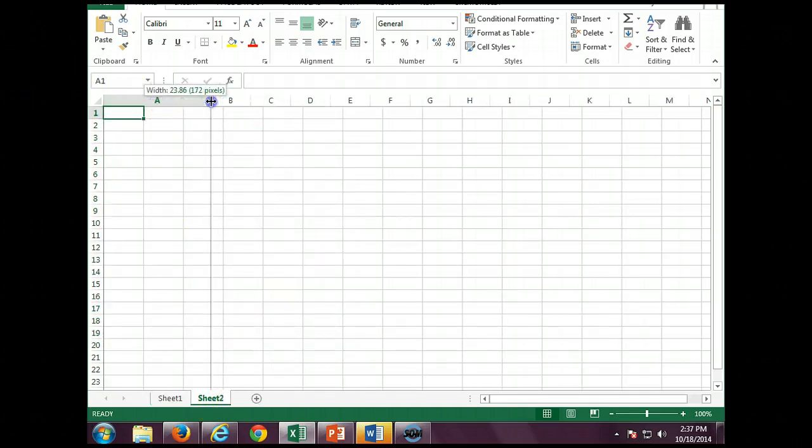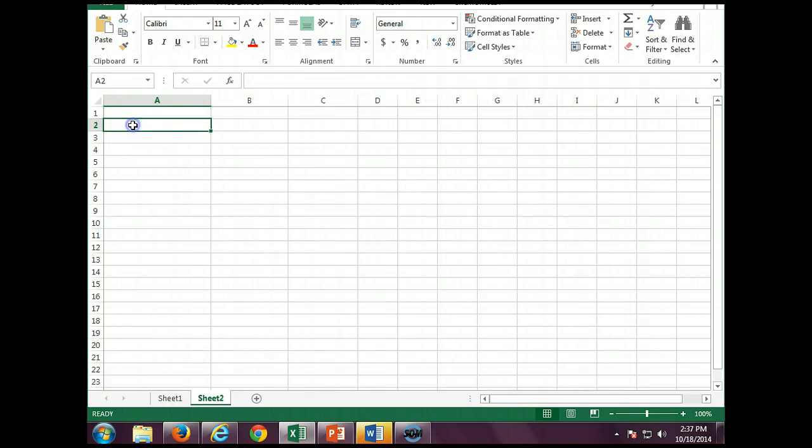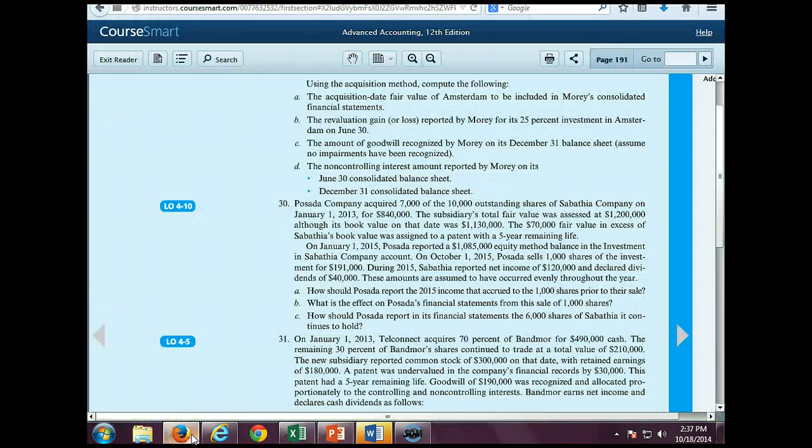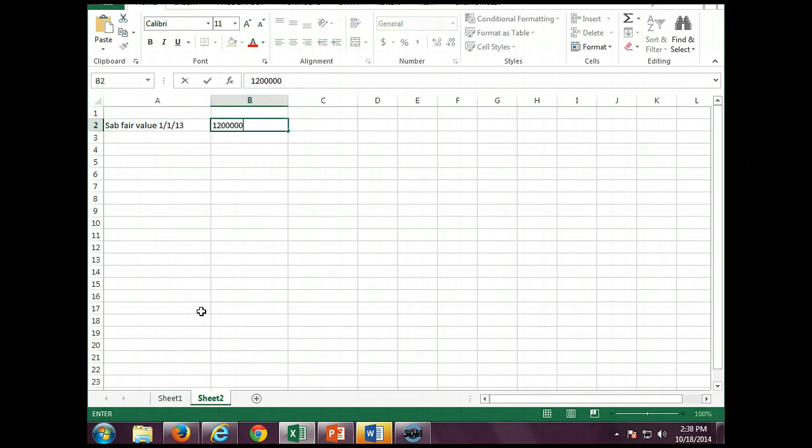The total value of Sabetha was 1.2 million and the book value is 1,130,000. So Sab's fair value is 1,200,000.